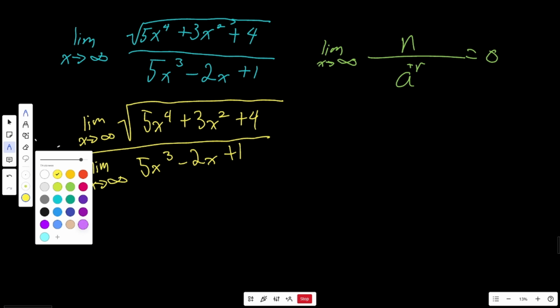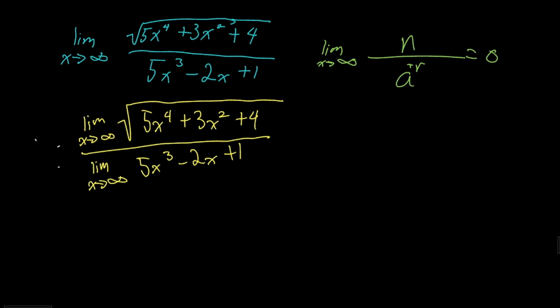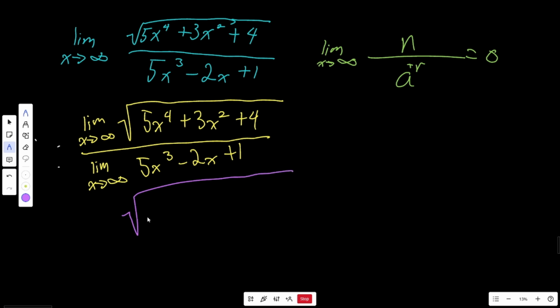Now let's try that. Dividing everything by x to the power of 4, we're going with x to the 4th here times 5x to the 4th over x to the 4th plus 3x squared over x to the 4th plus 4 over x to the 4th.